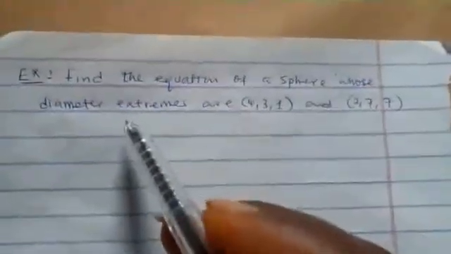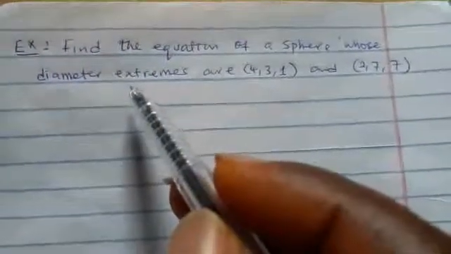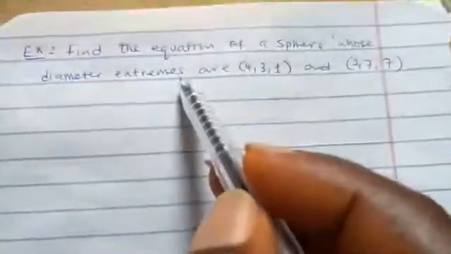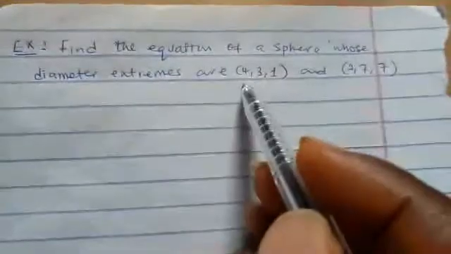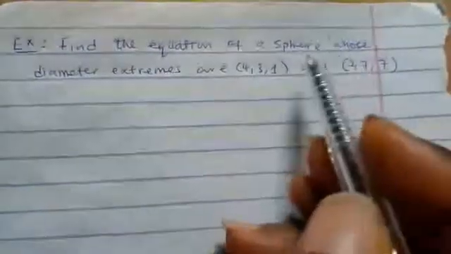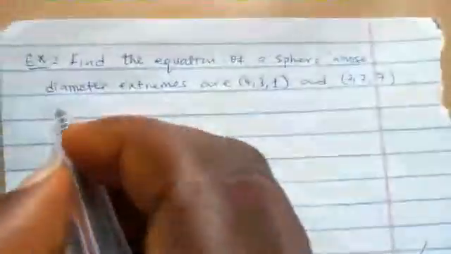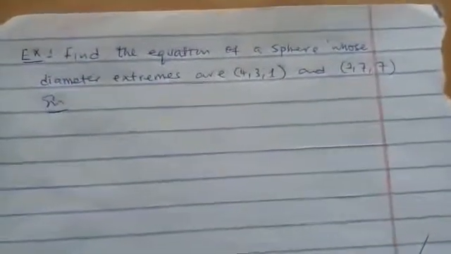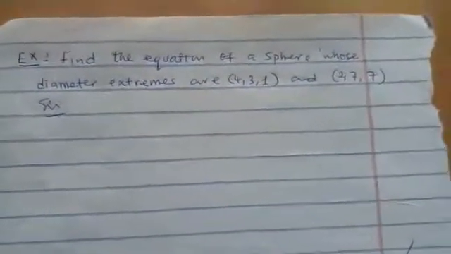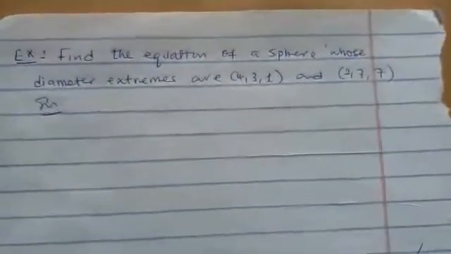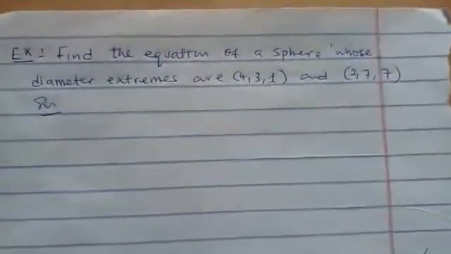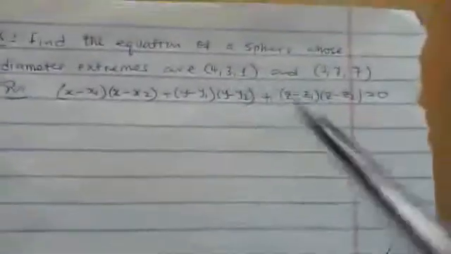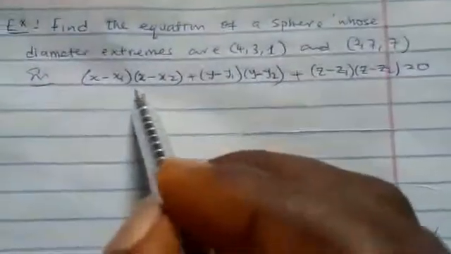Let's take another example. We have another question here. Find the equation of a sphere whose diameter extremes are 4, 3, 1 and 2, 7, 7. So if the diameter extremes are given, or the endpoints of the diameter, the equation of the sphere will be given as this.